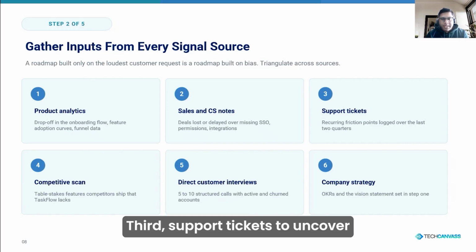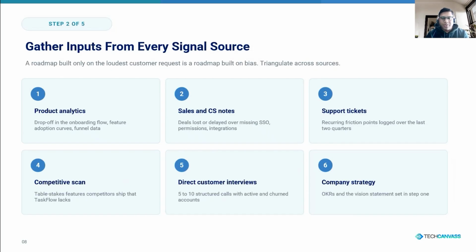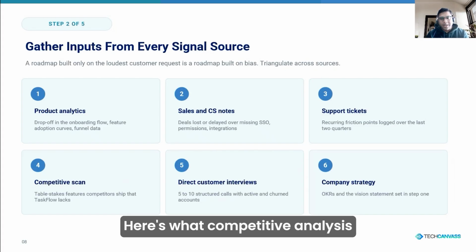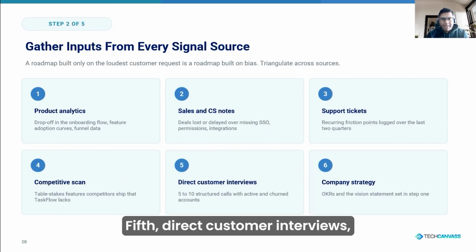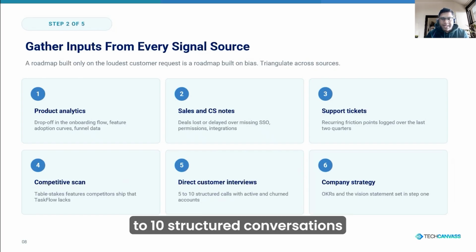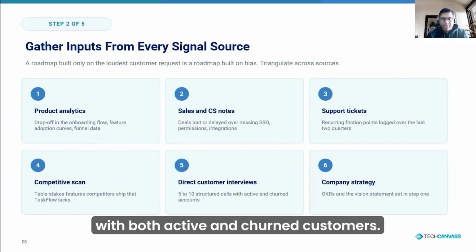Third, support tickets to uncover recurring customer pain points. Fourth, competitive analysis to understand where we may be missing table stake capabilities. Fifth, direct customer interviews, including 5 to 10 structured conversations with both active and churned customers.